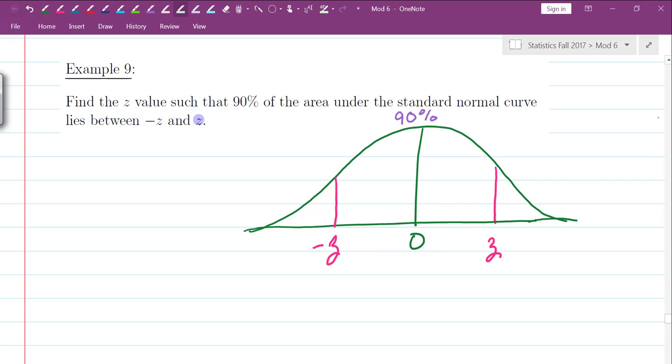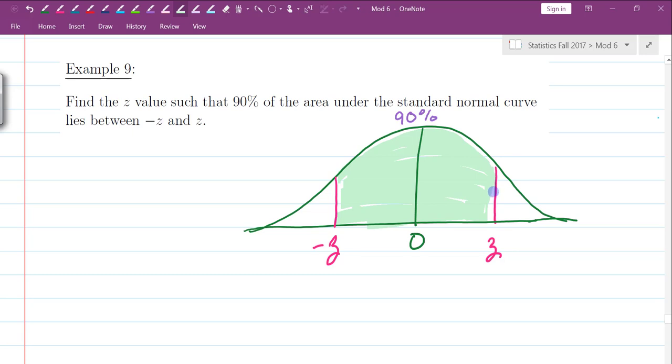What this is asking us to do, I went ahead and drew my standard normal curve. It's saying I need to find some unknown value z such that the negative of that z value and the positive of that z value, that 90% of the area will be under this curve. So 0.9 needs to be under this curve.